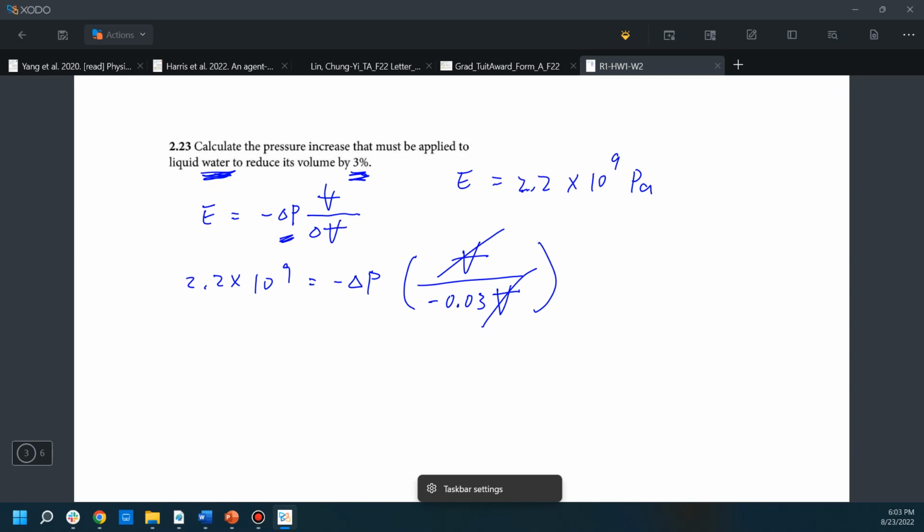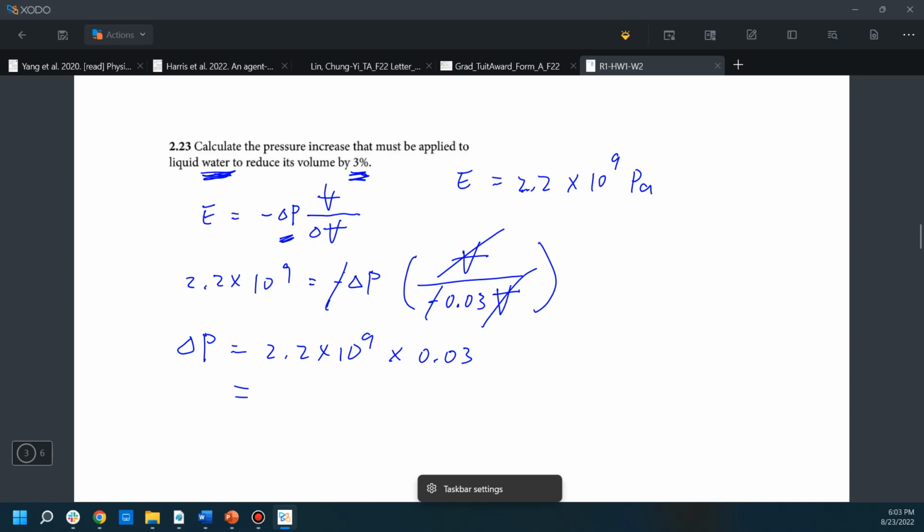Then the delta P is our only unknown here, so we can reorganize this equation. We get that delta P is equal to, cancel this minus sign out, 2.2 times 10 to the power of 9, move this 0.03 from the right hand side to the left hand side, so times 0.03.